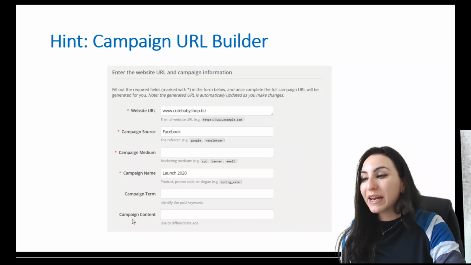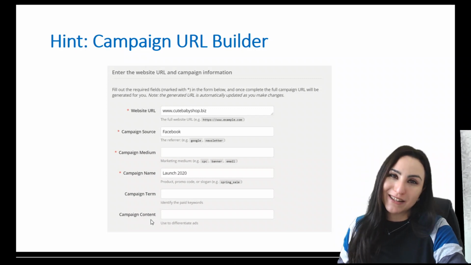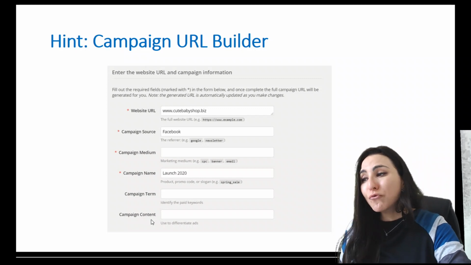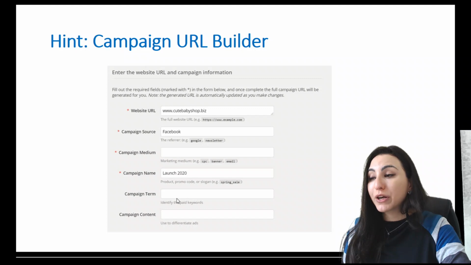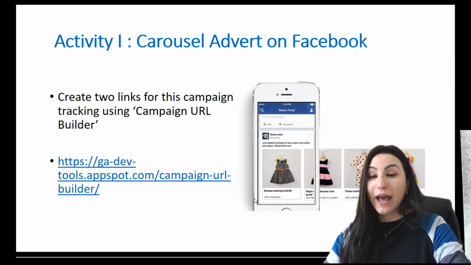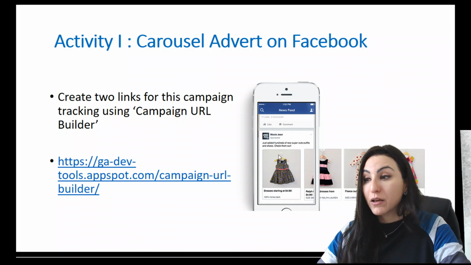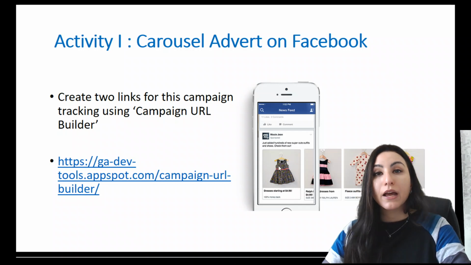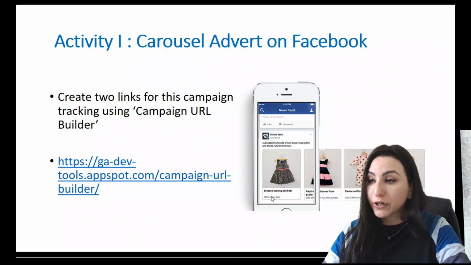Okay, and then at the very end, the campaign content. So far, what we explained over here is general to this advertisement, right? It is the landing page URL. I understand. It is Facebook. It is Facebook carousel.